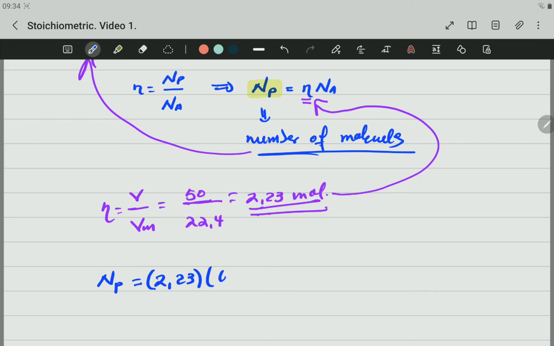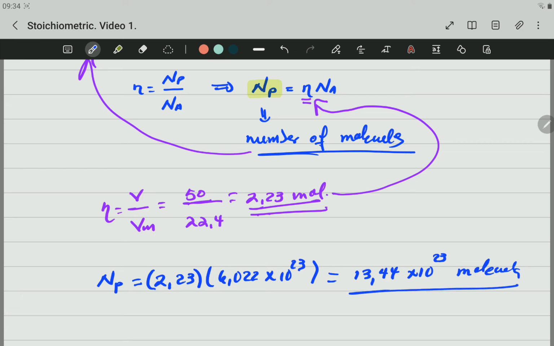It is multiplied by 6.022 times 10 to the 23. Now this will be equal to 13.44 times 10 to the 23 molecules.